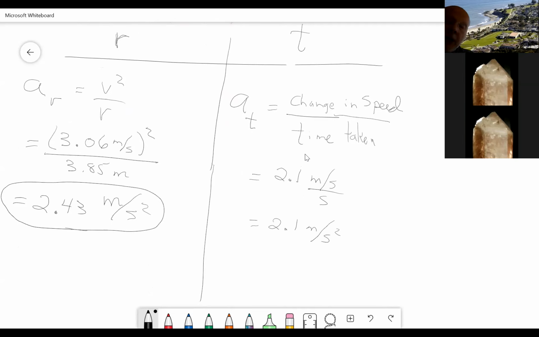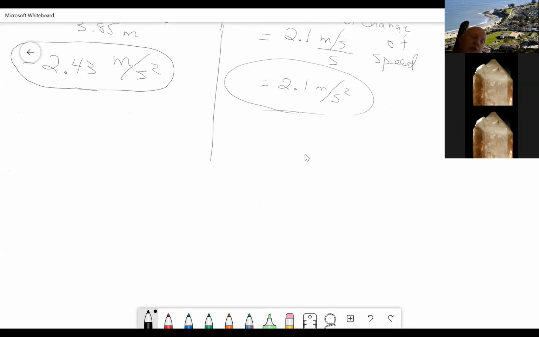And so maybe I should have said there's really not a calculation here. This really means the rate of change of speed. What rate is your speed changing? And so we know that number.